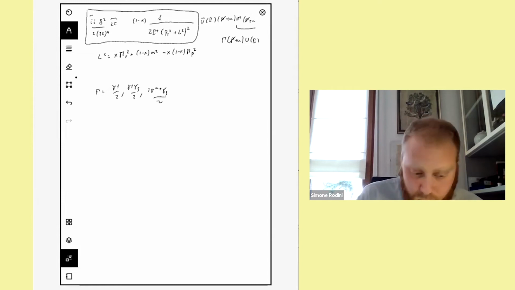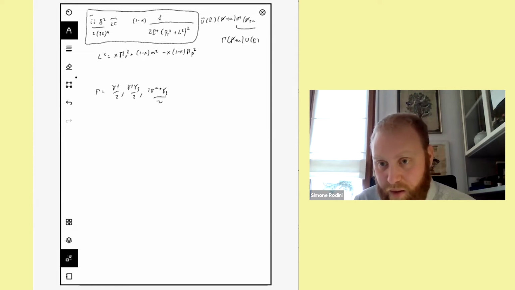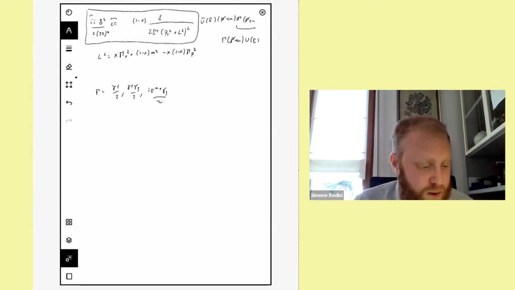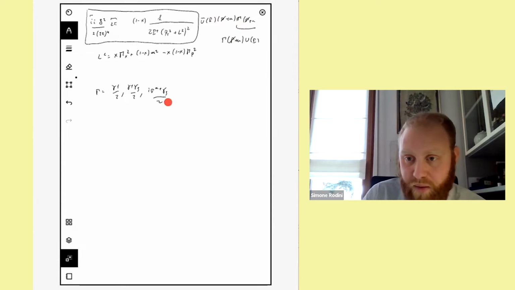But now you can play a game. I would advise against doing it by hand if you have Mathematica or whatever other software to do manipulations, because it is just boring and not very instructive. But what you can do is compute this Dirac structure for all of the three matrices.